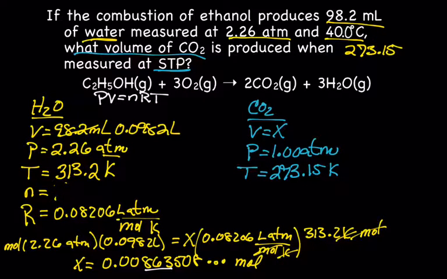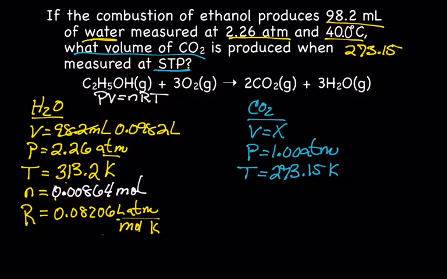So now we know that for moles of H2O produced, we have 0.00864 mole. So now we know the number of moles of water, but that doesn't help us much yet. It doesn't give us our answer, right? Because we wanted the volume of CO2.